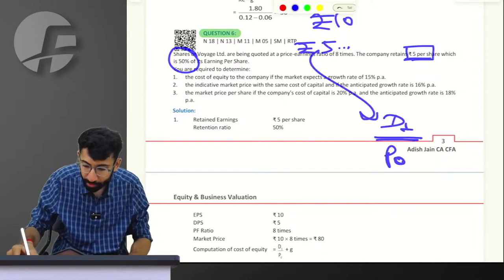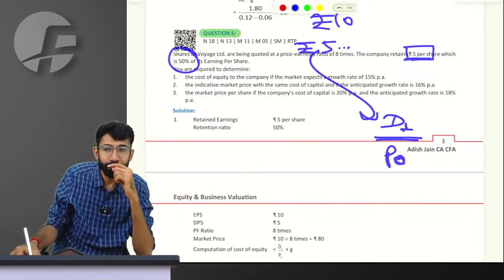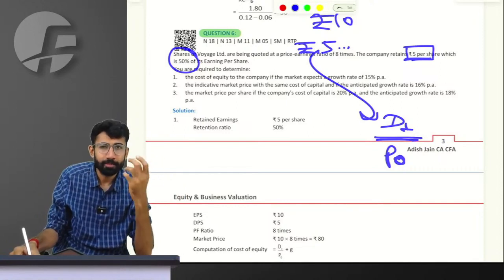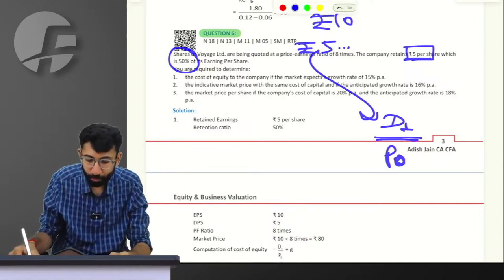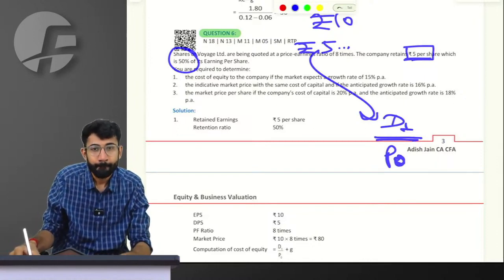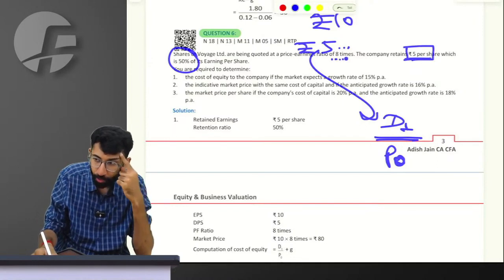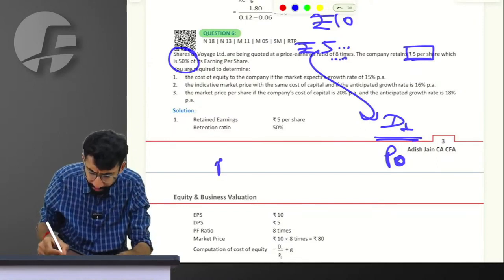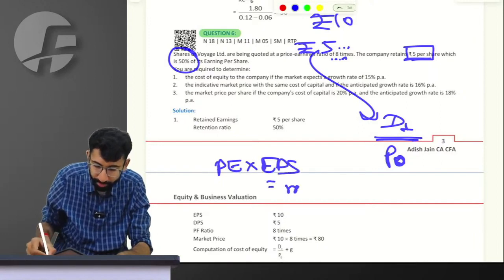Of the entire earning, 5 retained, 5 distributed, we are sorted with D1. Divided by P0. Is it possible to find out the price? Think everyone in the class. Very good question. Sir, is it possible to find out P0? What information do I have? I have an information of P ratio. Sir, can I do PE into EPS is equals to MPS?